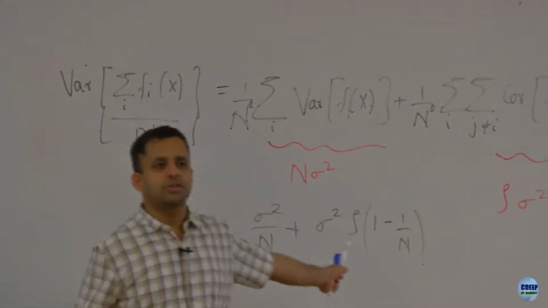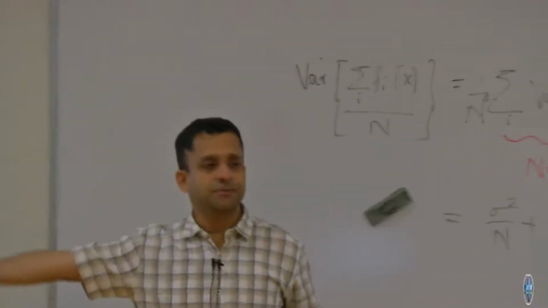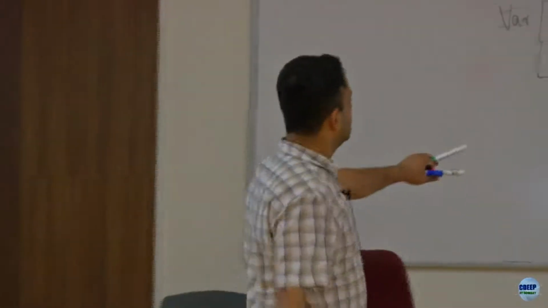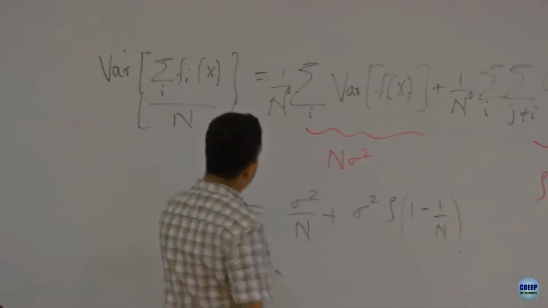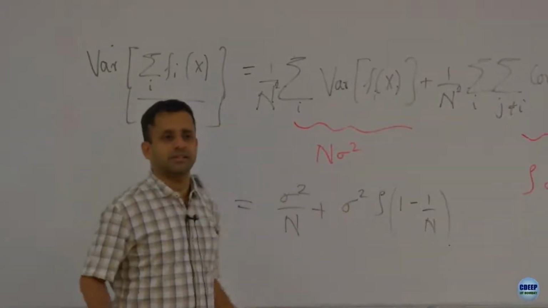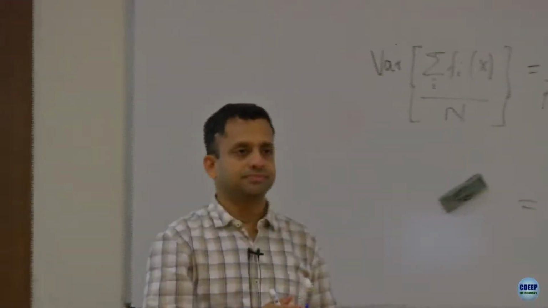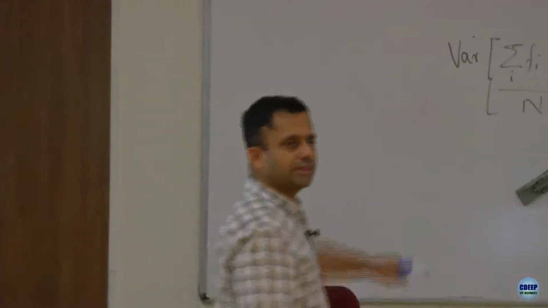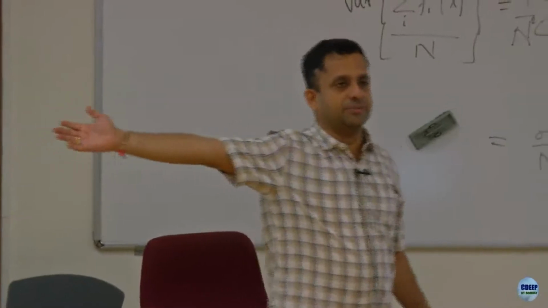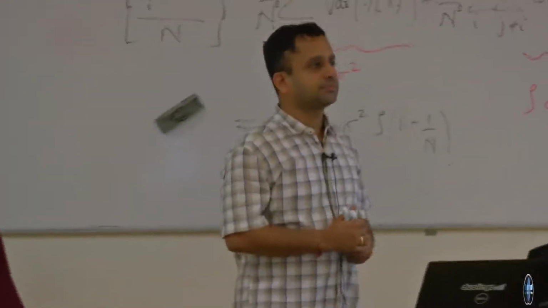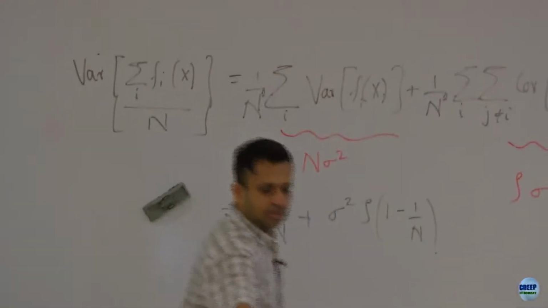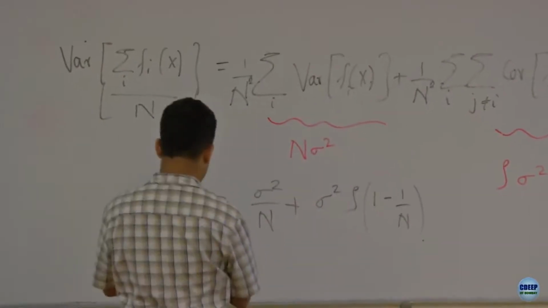This is fine. So this should get you the expression I had on the board: sigma square by n plus sigma square rho into 1 minus 1 upon n. And then further simplification will yield the expression on the slide. Okay, let's do that. One more step of simplification.